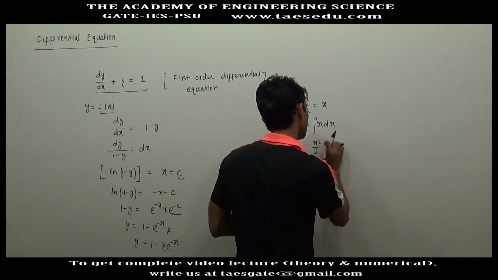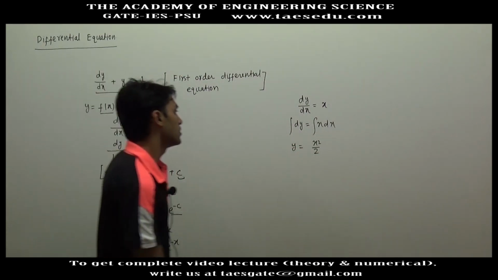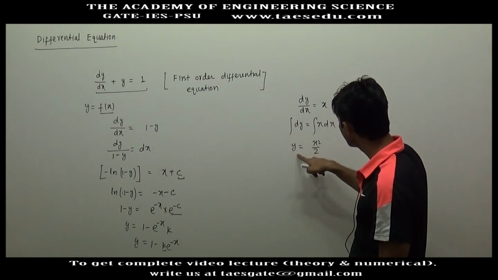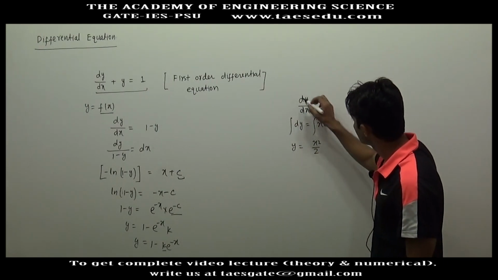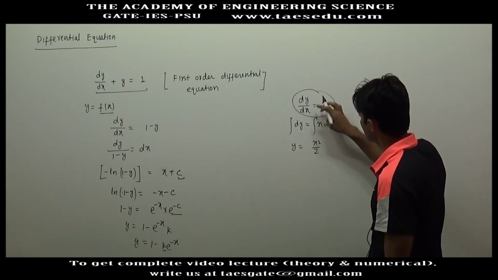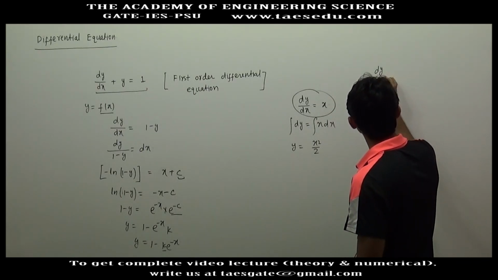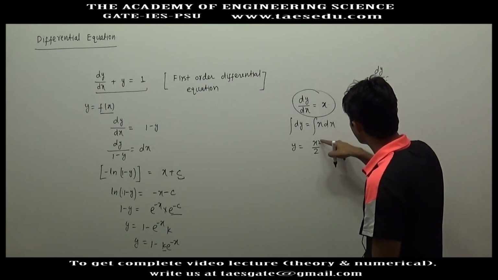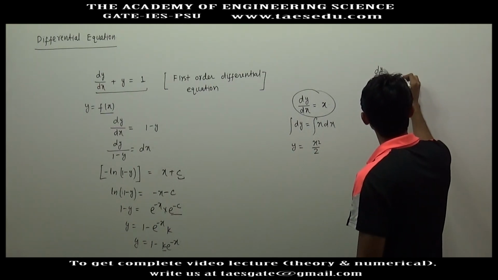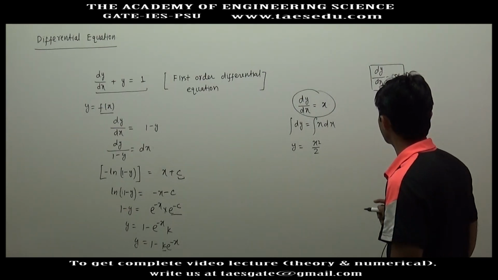Suppose the solution is y equal to x square divided by 2. Now if you put y equal to this in this equation, it will be satisfied. Y equal to x square by 2, so dy by dx will be the differentiation of x square by 2, and you will get x. This means the answer is verified.